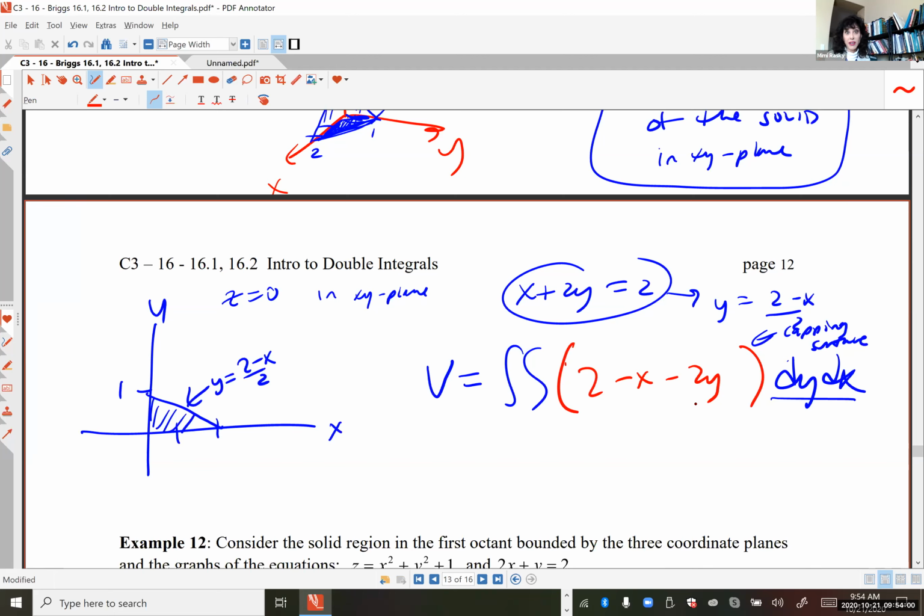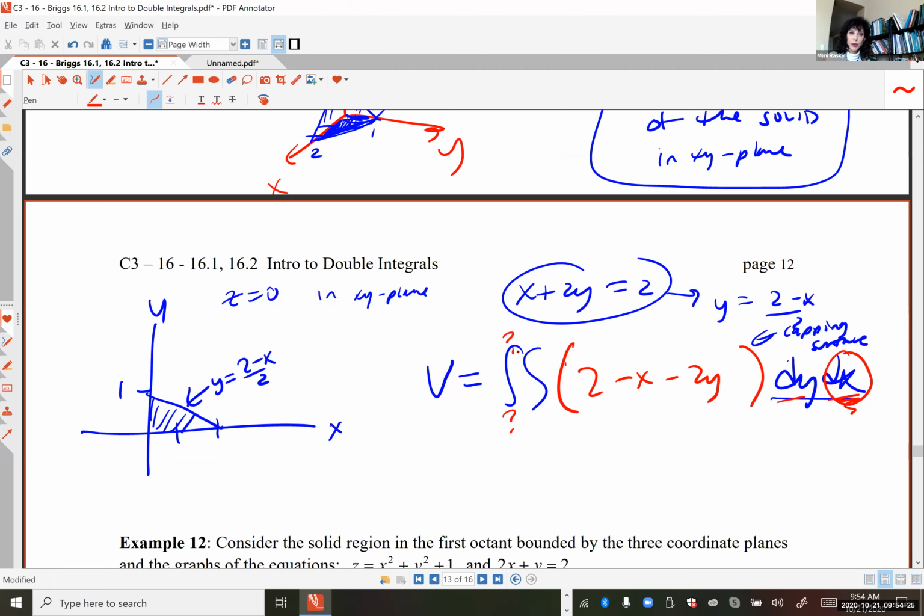That means stick the limits on there. Don't guess. You'll go downhill. I'll give you some credit for the setup of your double integral, and some partial credit, and then more partial credit for actually evaluating it. But if you set it up wrong, oh dear God, I can't really give it to you. So don't blow this. First up, if you choose the dy dx order of integration, dx is going to be the outermost integral.